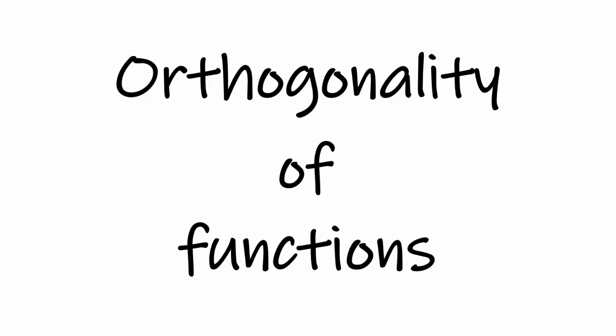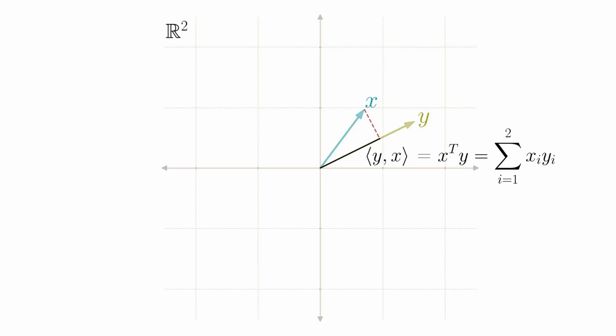Good question. Let's review. To see how the vector y contributes to constructing the vector x, we project x onto the vector y. Now this projection turns out to be 0 when x is perpendicular or orthogonal to y. Mathematically, this projection is computed using the inner product, or in this case, the dot product of the two vectors.